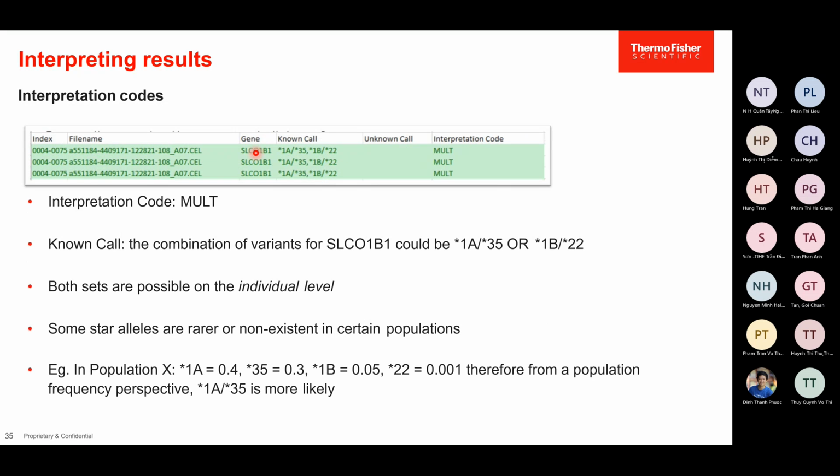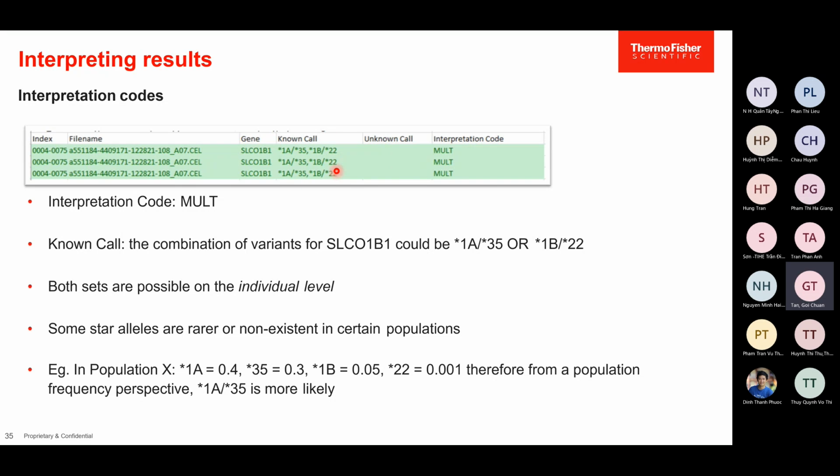Right? And same case to this multi. Multi means that the software is able to map or identify multiple combinations. So it can be *1A/*35, or it can be *1B/*22. So usually in this case, customers will also refer to the population frequency.